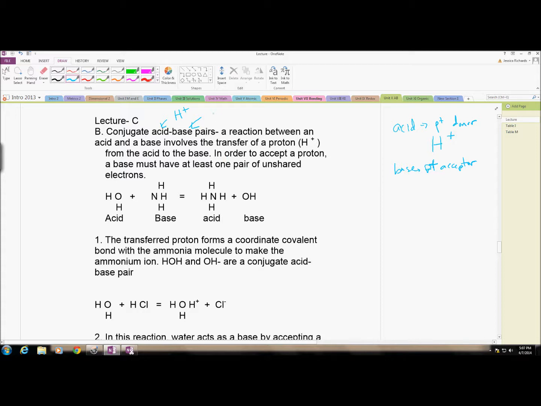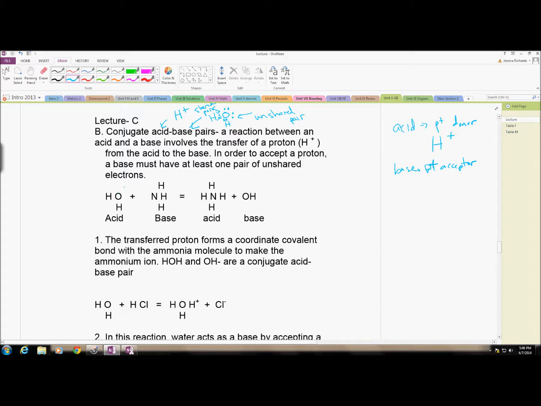So remember, when we did our Lewis dot models, if I made a Lewis dot model for water, the shared pair of electrons is where the hydrogen was attached to the oxygen, and this over here, where both of those dots are from oxygen, was our unshared pair of electrons. As long as you have at least one unshared pair of electrons, you're capable of being a base.